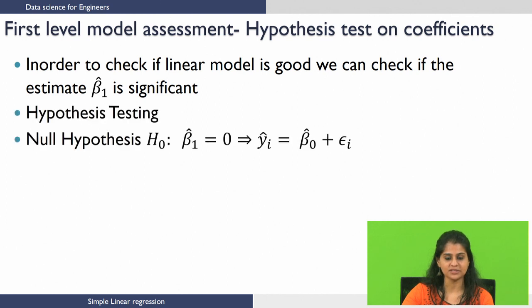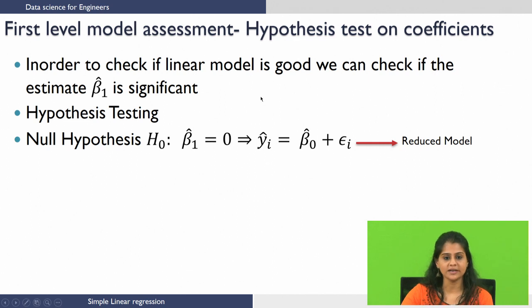So, my null hypothesis is beta 1 hat, which is the slope, equal to 0. This means that yi hat, which is my predicted value, is equal to beta naught hat, which is the intercept, plus epsilon i. We also learned in the earlier lecture that this epsilon i is the residual. Now, this becomes my reduced model since my slope is equal to 0.